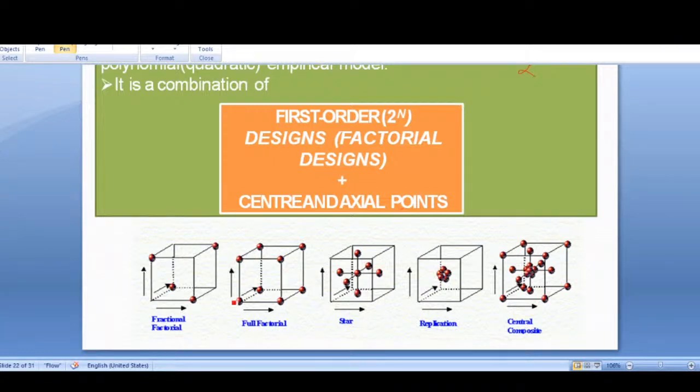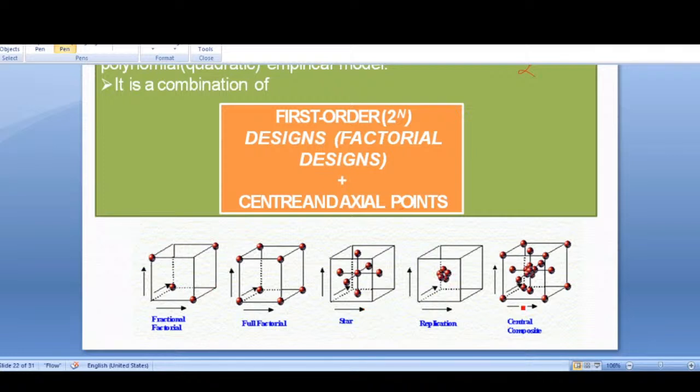If you want to run the complete experimental run, then you have to go for the full factorial. This shows only the 4 points. Here, at almost all the points, you have to consider all the factors. This is the replication. Replication means duplicate combinations will come. And this is the central composite.